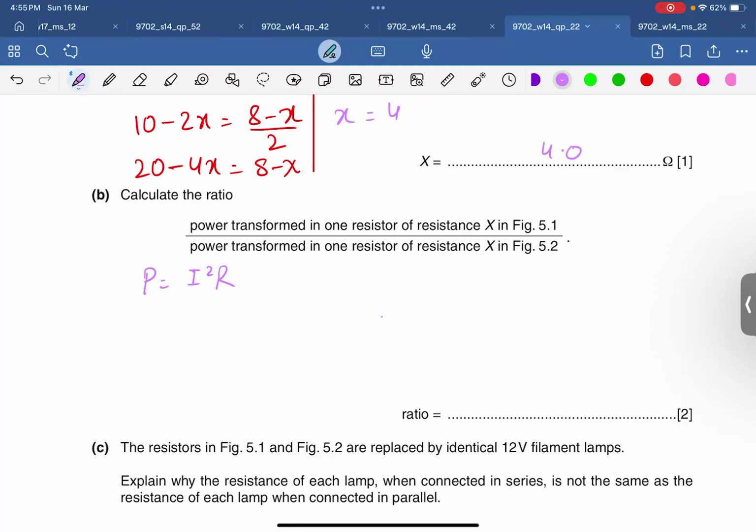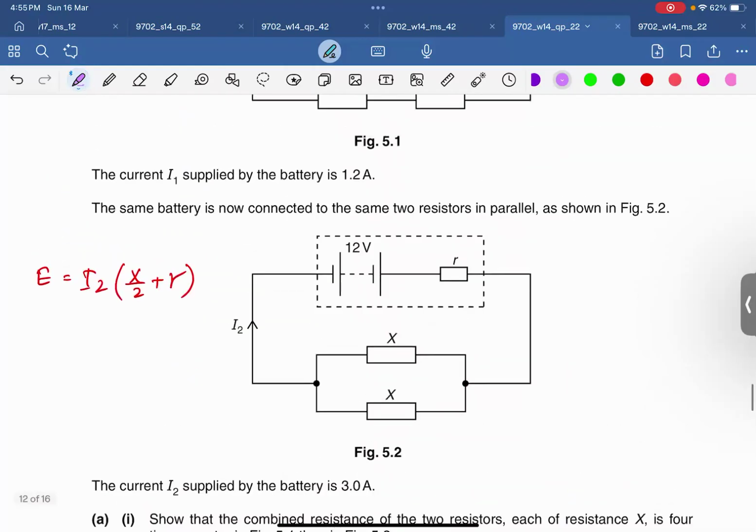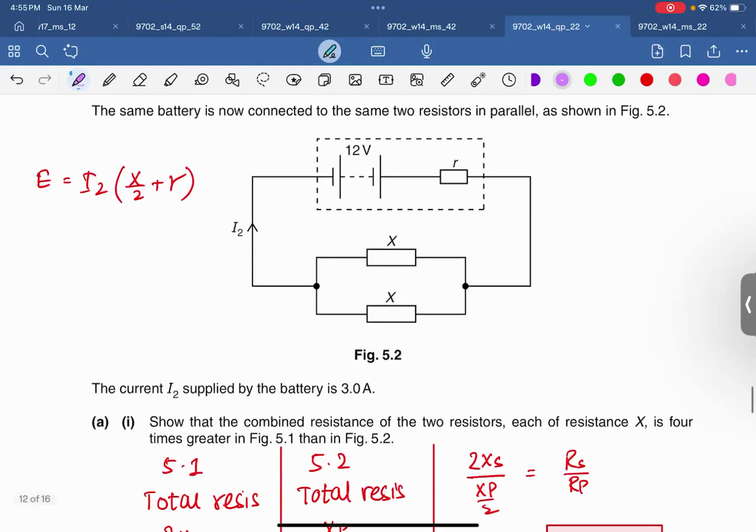So the ratio of, here we have to take I1 times R, I squared R, the power transferred in one of the resistors. So that has a resistance of 4. And I2, that also has a resistance of 4, but the current in the second circuit is 3 amperes, so at this point there will be the current of 3.0, but at this point there will be half the current upward and half the current downward, right?